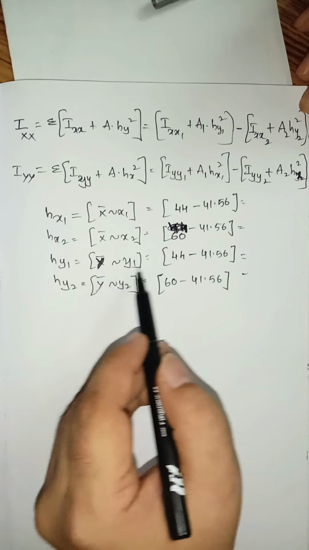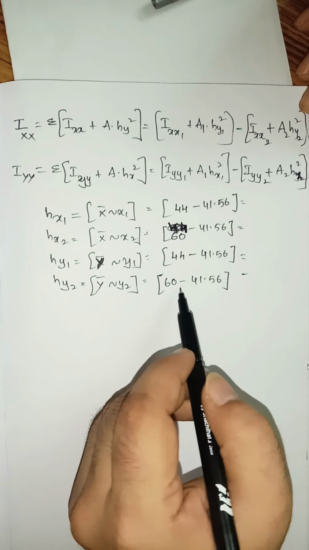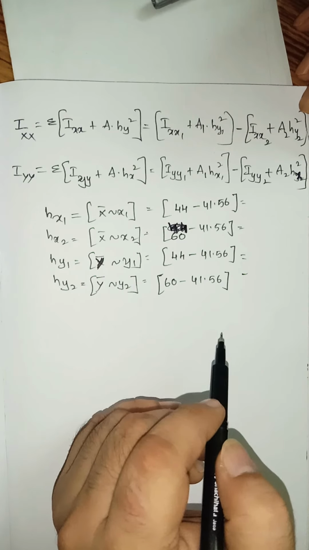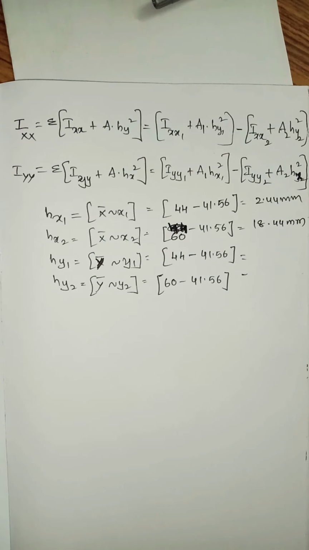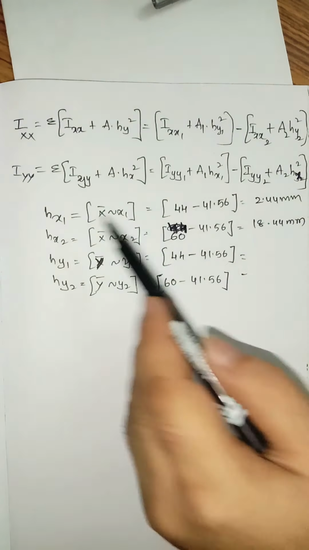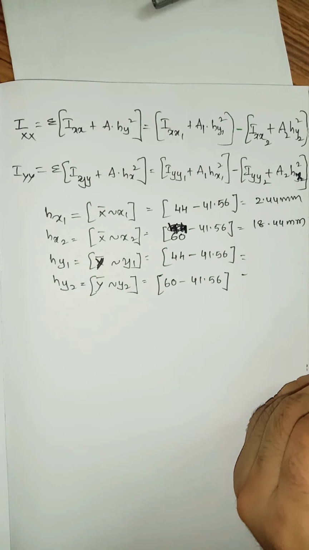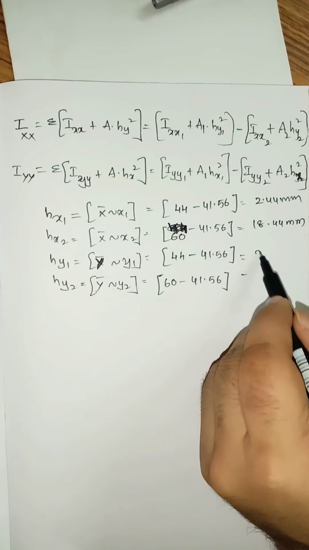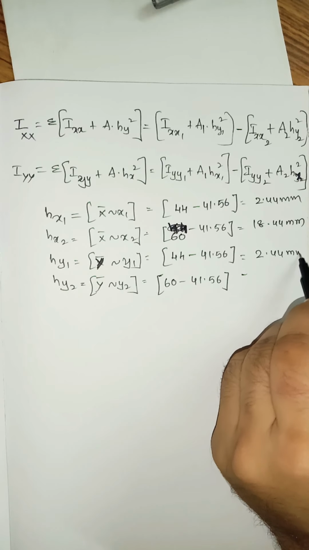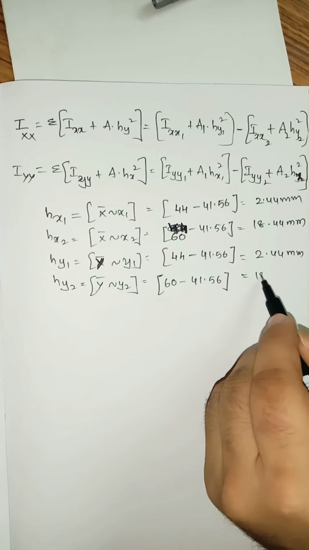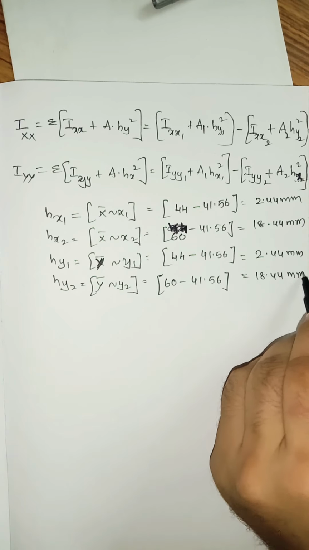Similarly, for y bar and y1, we have 44 minus 41.56 and 60 minus 41.56. After substitution and calculation, we got hx1 equal to 2.44 millimeter and hx2 equal to 18.44 millimeter. hy1 will be 2.44 mm again, and hy2 will be 18.44 millimeters.